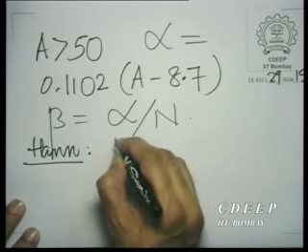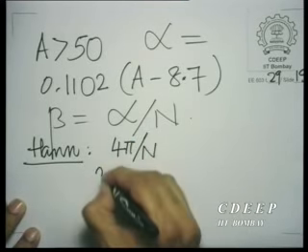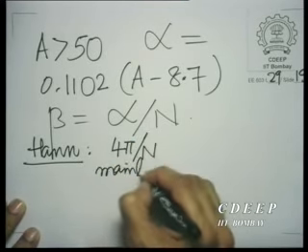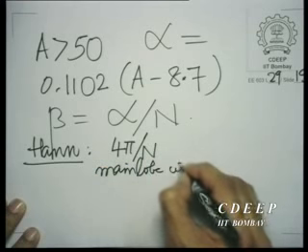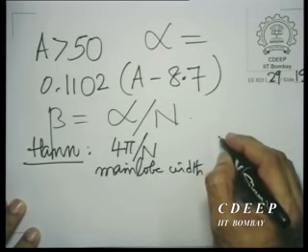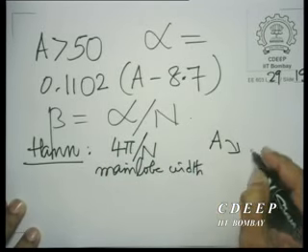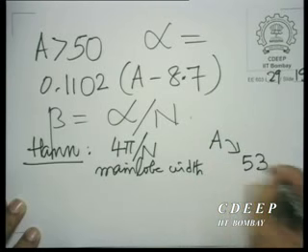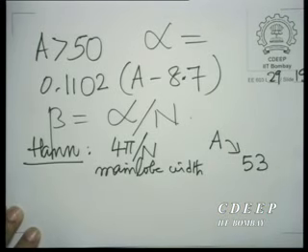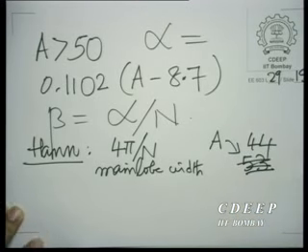The main lobe width is 4 pi by n. And the peak error in approximation, that is essentially the A that we have talked about, is 53. I'm sorry, this is 44 for the Hann window.